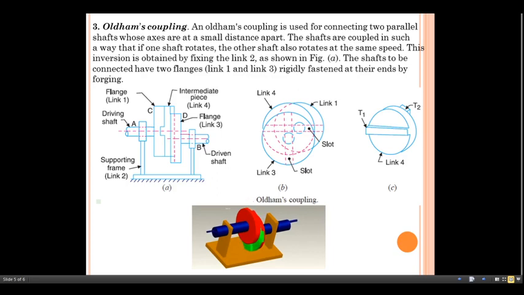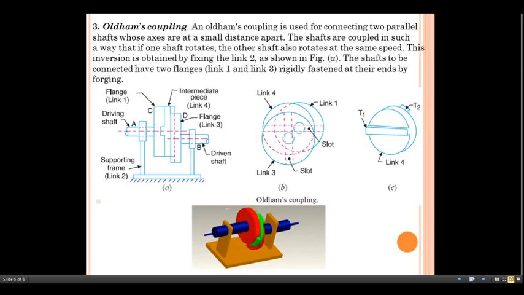The similar phenomenon occurs on the other side, because the slot is provided on flange link number 3, and the extended tongue is provided on the other side. Here T1 and T2 are the extended tongues.